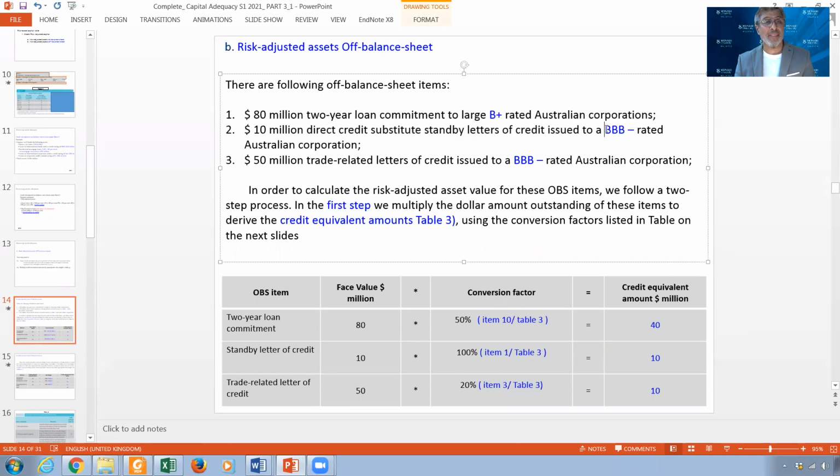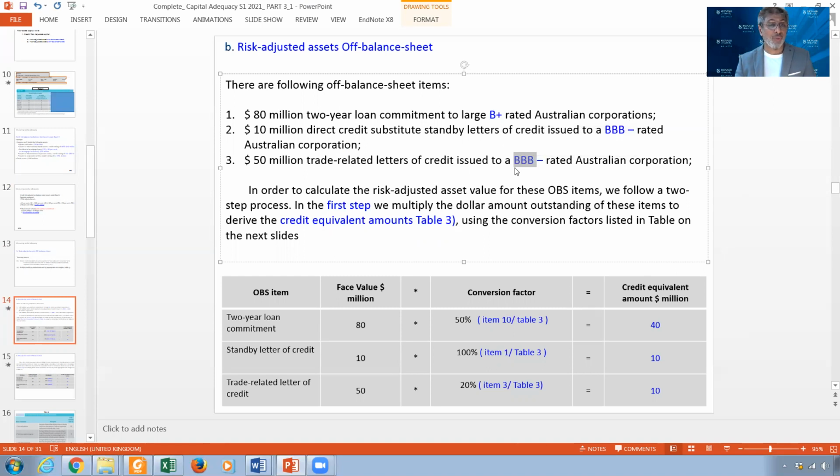The counterparty is BBB. And then we have 50 million of trade related letters of credit. And we have talked about this in week 10 on the non-market related. All of them are off-balance sheet.